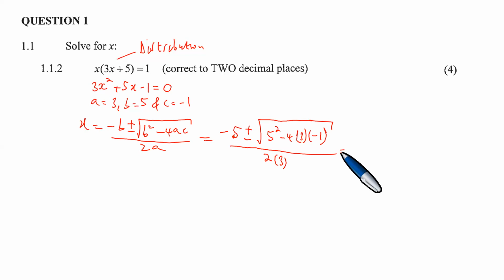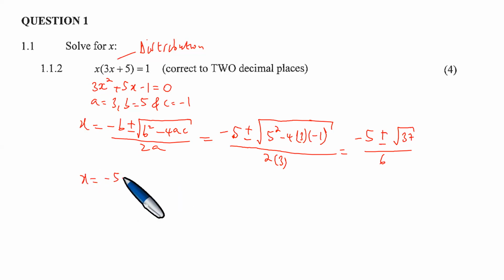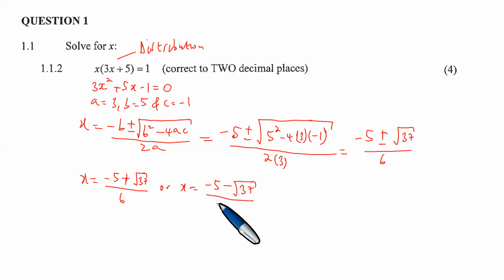Right, so we continue. Continuing, we have exactly minus 5 plus or minus the square root of 37 under the square root, and we actually divide by 6. From which we're able to continue and find plus the square root of 37, divided by 6. So x equals minus 5 minus the square root of 37 divided by 6.